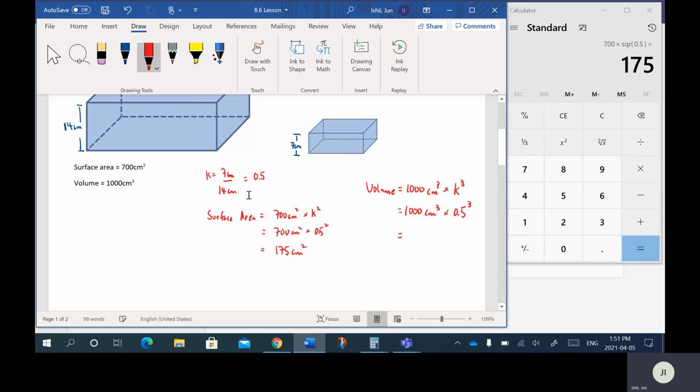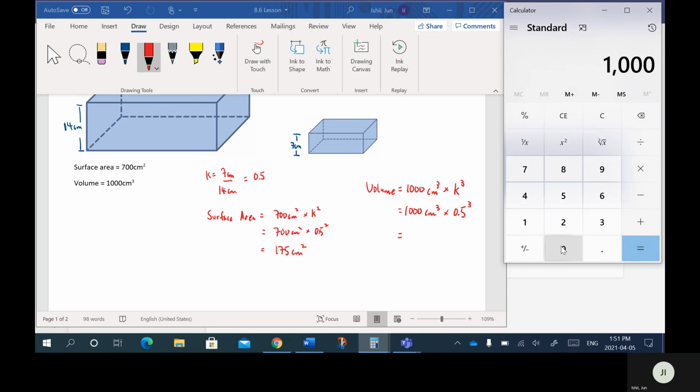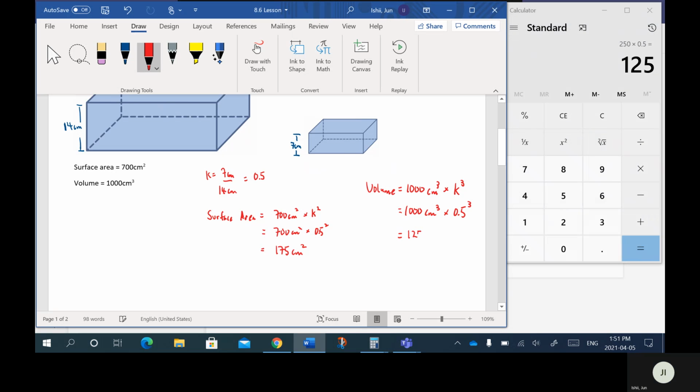I'll just multiply by 0.5 three times, and this gives 125 centimeters cubed. That's the new volume. The key takeaway is that surface area is affected by k squared, volume by k cubed.